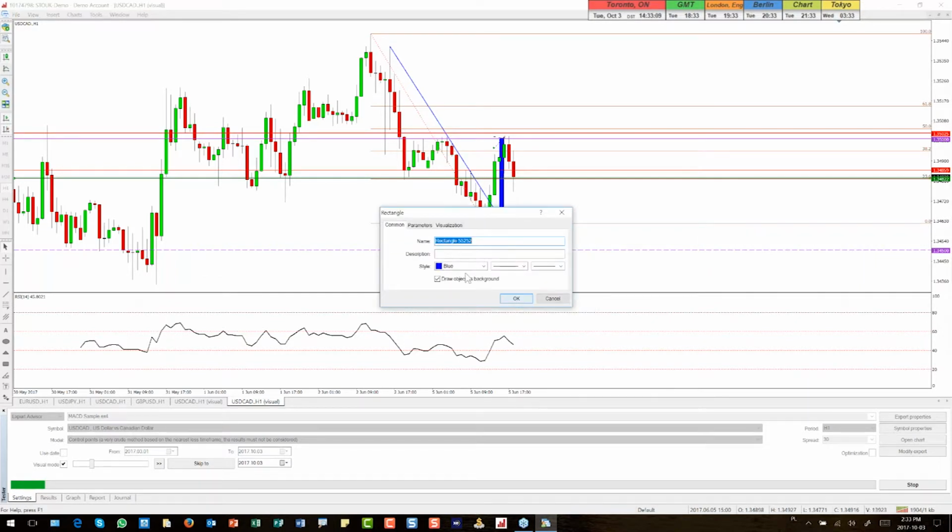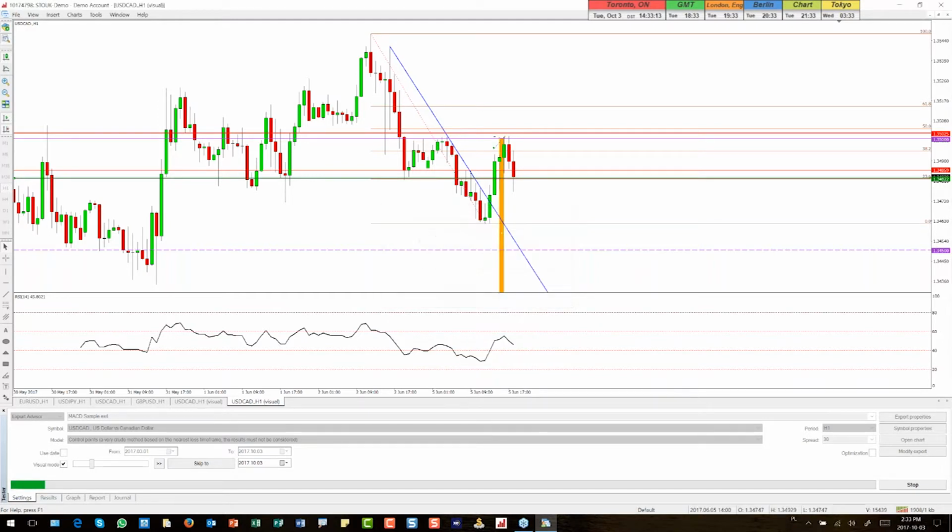That was the 50%. So potentially we can measure to this, and potentially if we're right, there should be a stronger move to the downside.